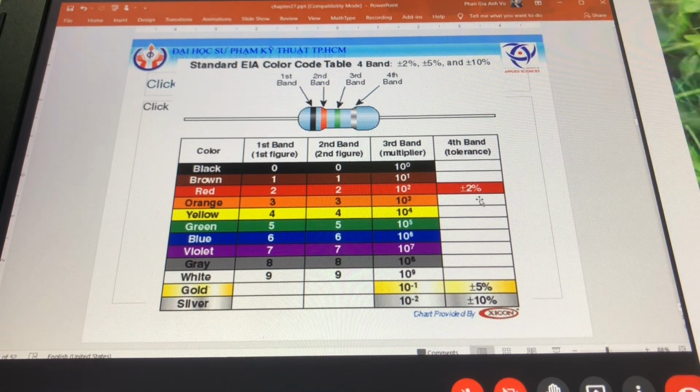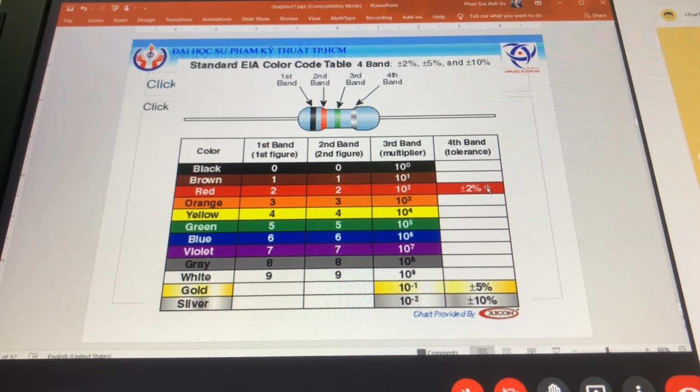It's the error in producing or measuring the resistance. So you have different values of that. When it's gold, you have plus or minus 5%, silver plus or minus 10%, red plus or minus 2%, and sometimes you have another color for 20%, but this is not common.